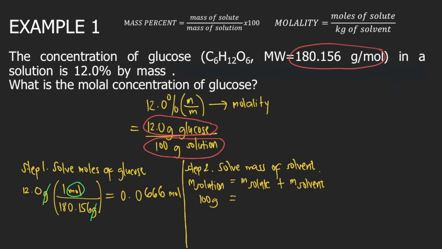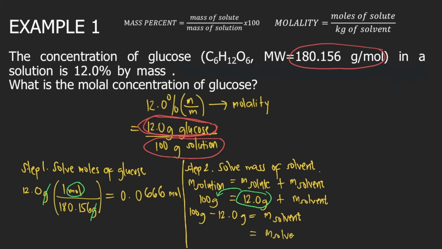The mass of solute again is 12 grams of glucose. So to get the mass of solvent, you will transfer 12 grams to the left side and it becomes minus. So 100 grams minus 12.0 grams, this is equal to the mass of the solvent. So mass of solvent is 88.0 grams.